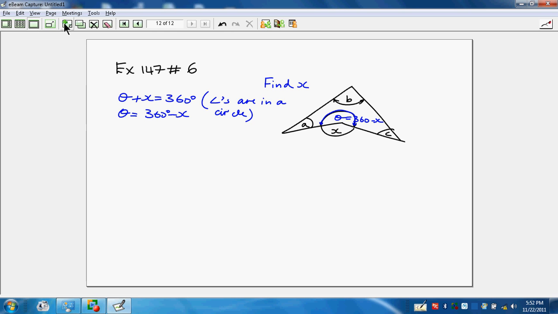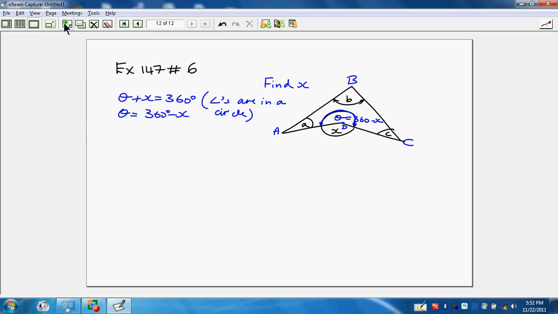Now, if I label this shape A, B, C, and I call this point here D, then how many sides does it have? A to B is 1, B to C is 2, C to D is 3, and D to A is 4. So that is a quadrilateral because it has 4 sides, and we know that the sum of the internal angles in a quadrilateral is 360 degrees.